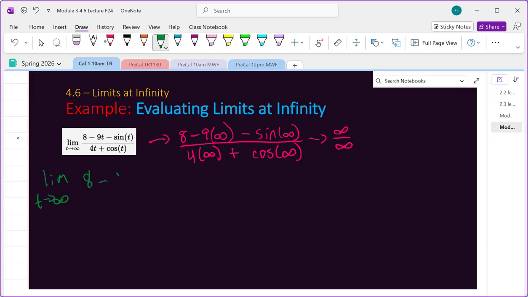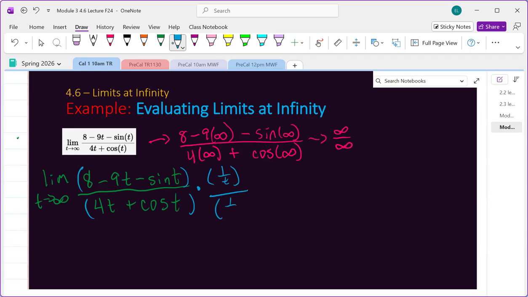So let me rewrite the function. I'm still going to focus on the polynomials here. So my highest power is just a t. So I'm going to multiply by 1 over t on the top and the bottom.